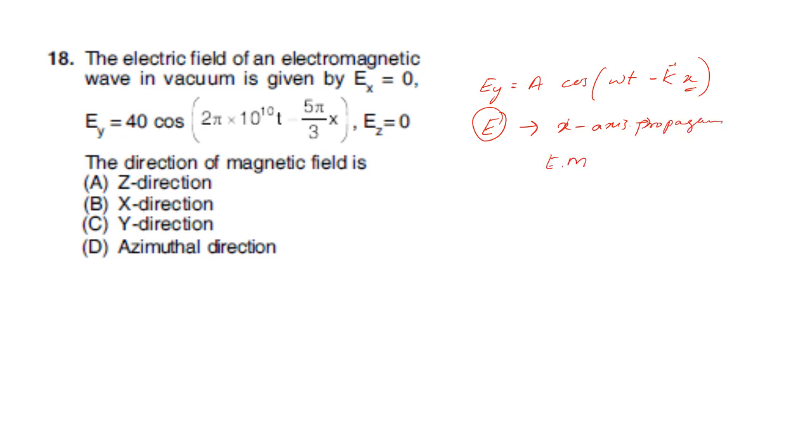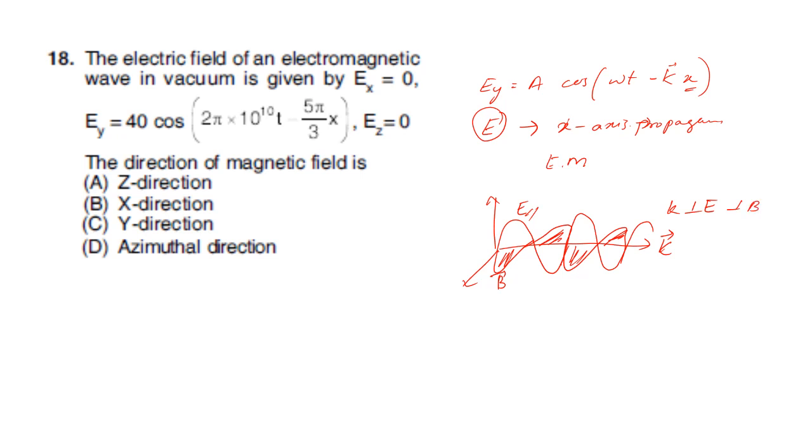You know that if you consider an electromagnetic wave, this is E, then the magnetic field vector will be in a direction perpendicular to this E, and the propagation vector, that is the direction of propagation of E and B, will be perpendicular to both E as well as B. Therefore here, given that the propagation vector is about the x axis, and E is about the y axis, the direction of B will be perpendicular to both the x axis as well as the y axis, that is about the z axis.